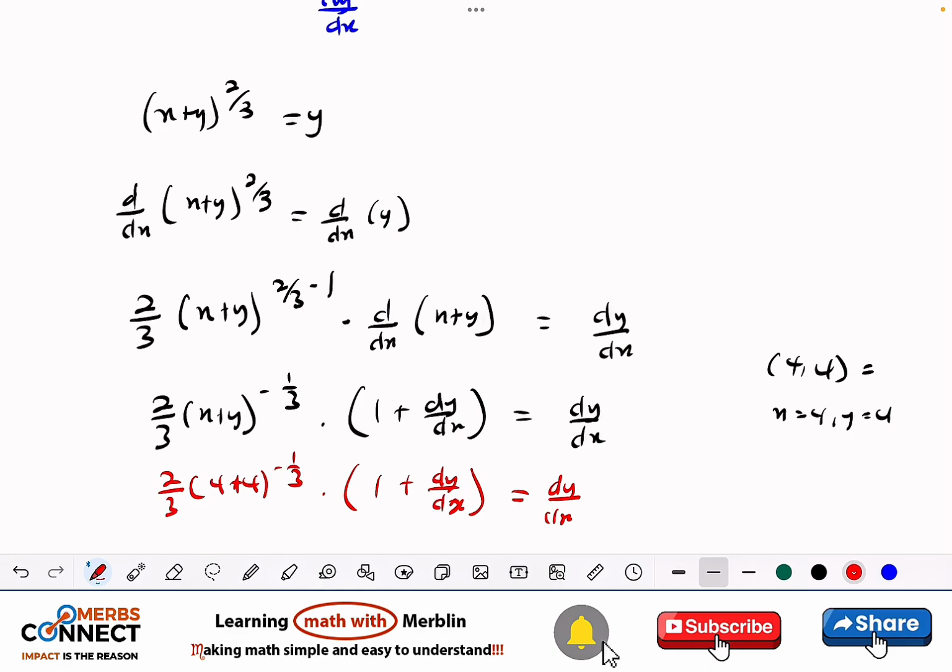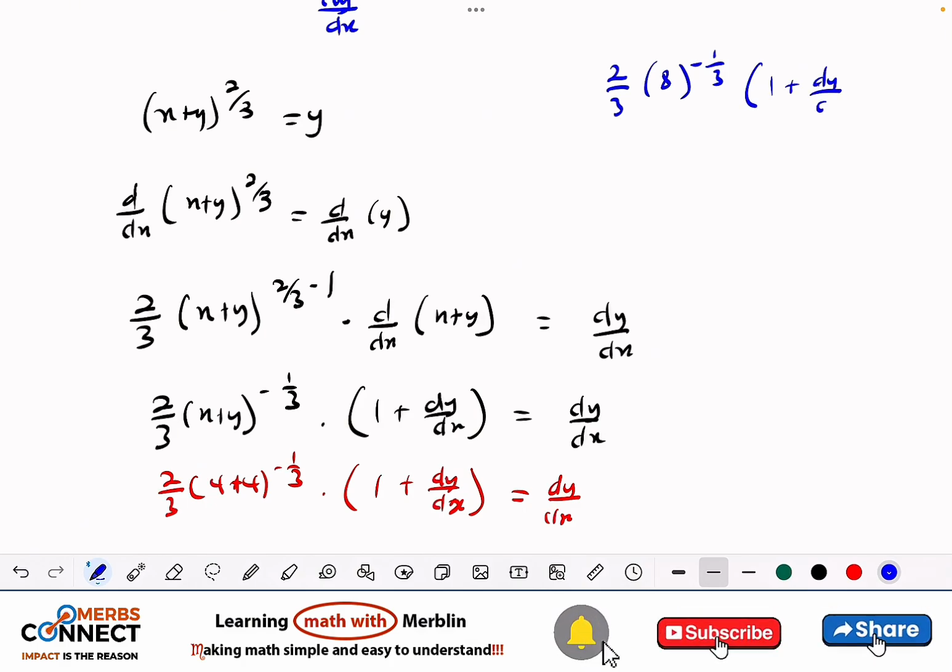Good. So let me just continue this from this side. So 4 plus 4 is going to give us 8 to the power minus 1 over 3, right? I'm going to have 1 plus dy over dx, which is equal to dy over dx.